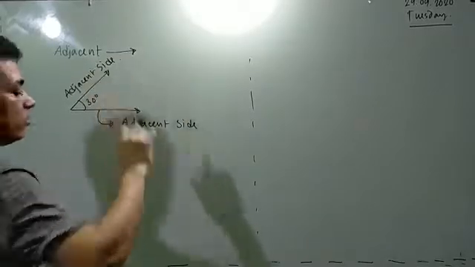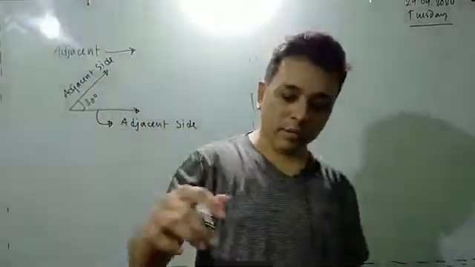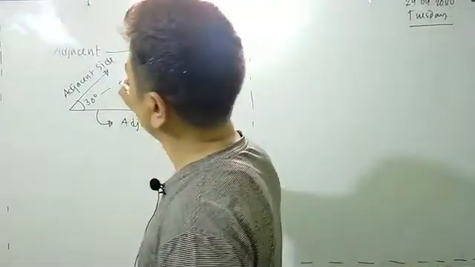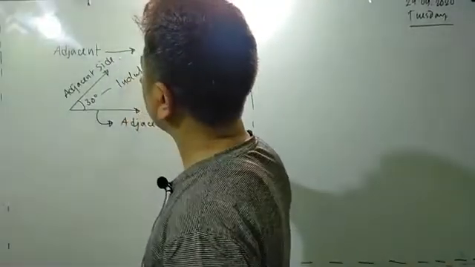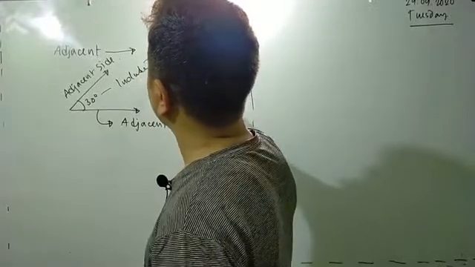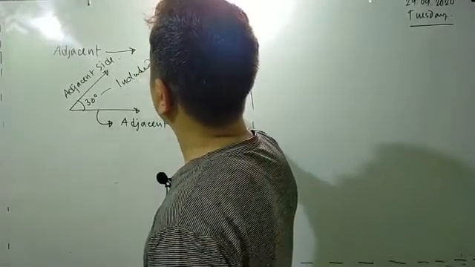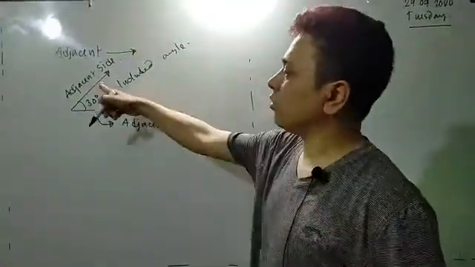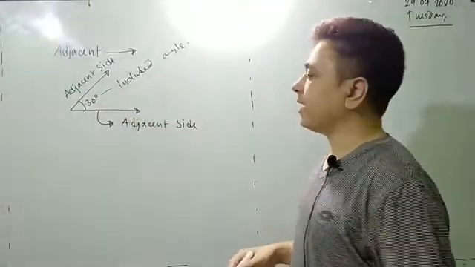Both of these sides are called adjacent sides, and the angle in between is called the included angle. Both of these sides are called adjacent sides.